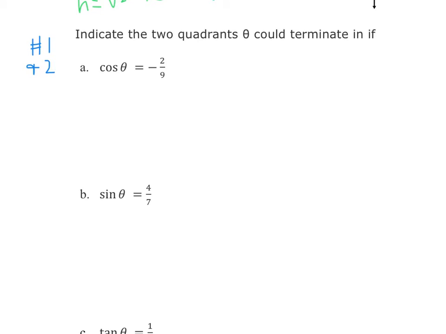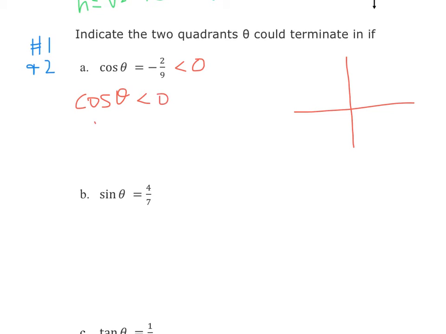All right, and these next problems are like number 1 and 2 from the 5.2 assignment. We want to identify the two quadrants that theta could terminate in given the trig function values. Really all we care about here is whether we've got a positive or negative trig function value. Here we have a negative cosine, so cosine is less than 0.